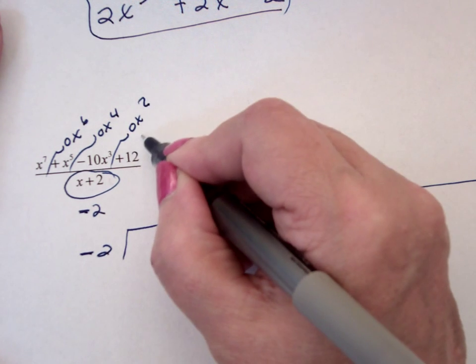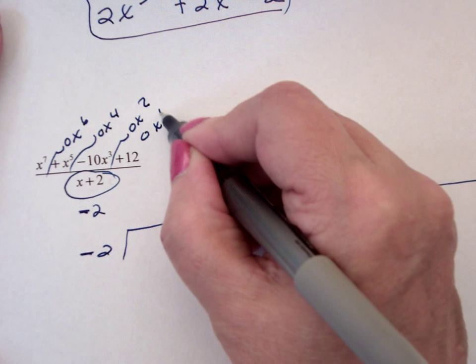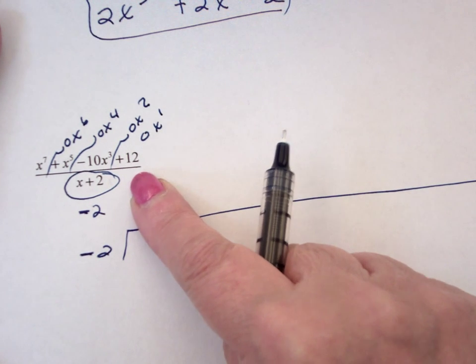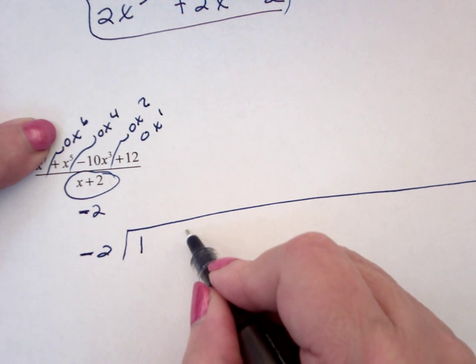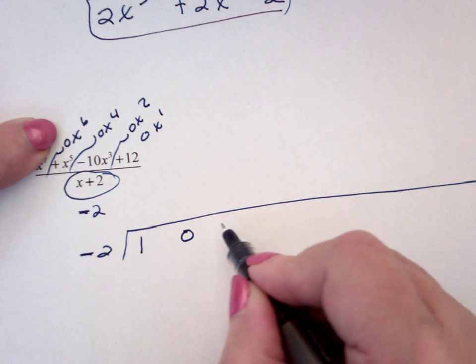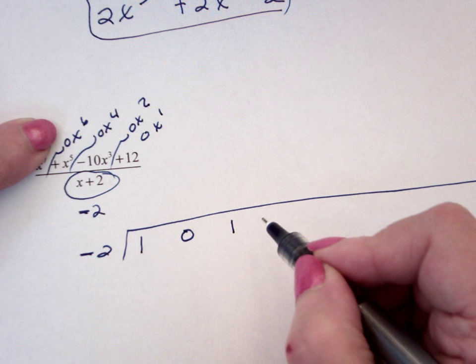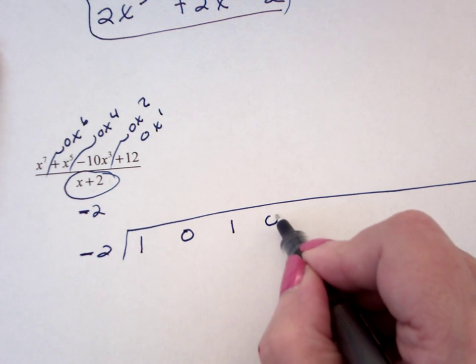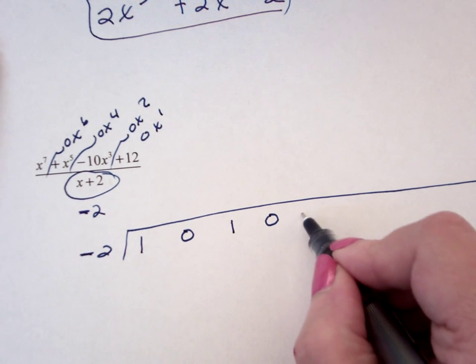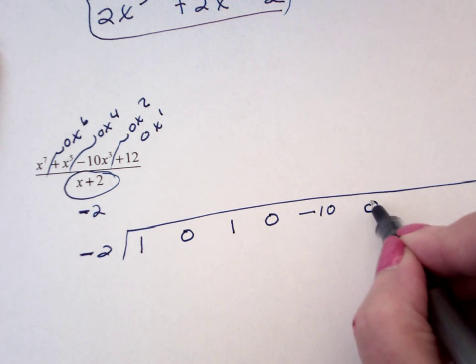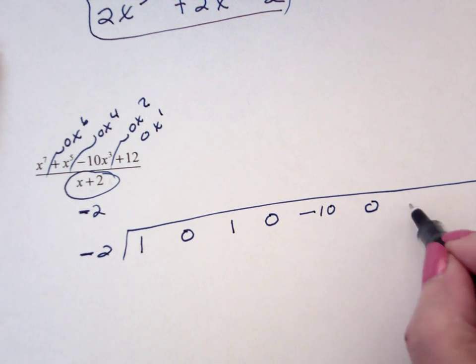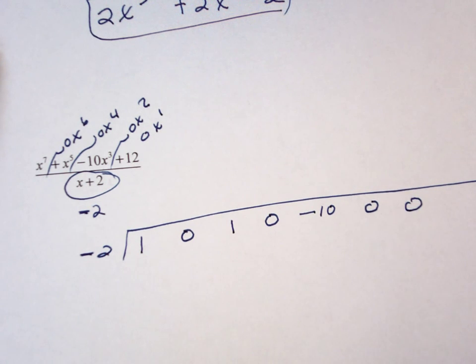And there is also no 1. And constant. So it would be 1x to the 7th, no x to the 6th, 1x to the 5th, no x to the 4th, negative 10x to the 3, no x to the 2, no x to the 1, and constant.